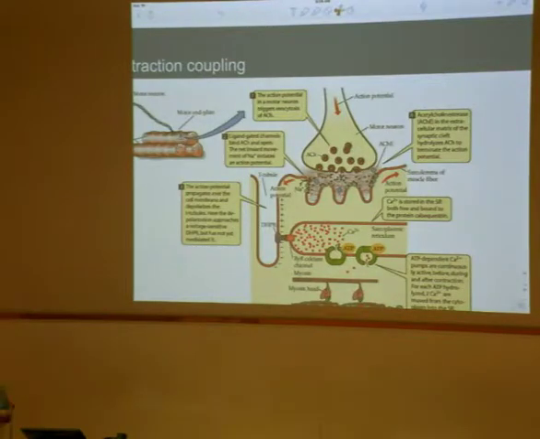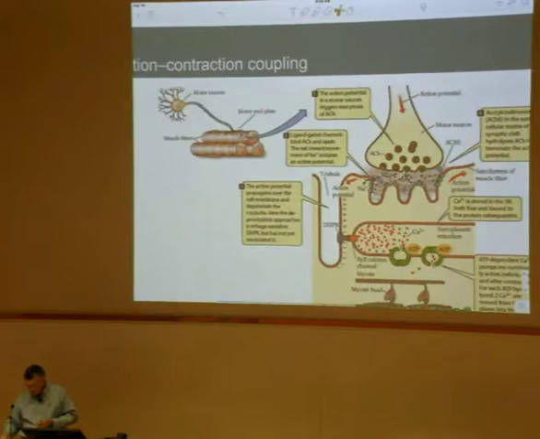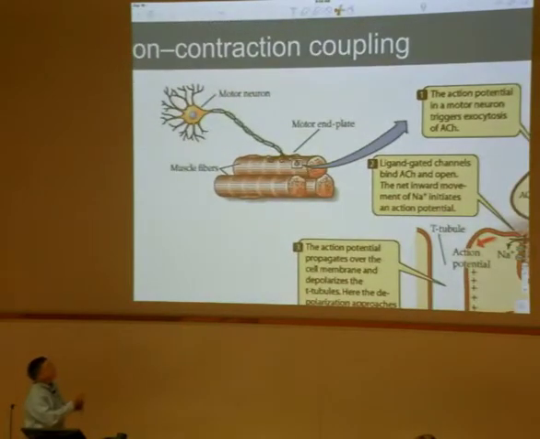Okay, so here's a textbook figure, not very useful because it's so complicated, but it has everything in it. Here's a textbook figure showing how an action potential coming from a motor neuron down to what's called a motor end plate, but really these are just synapses. They're simply synapses of a motor neuron on a skeletal muscle cell.